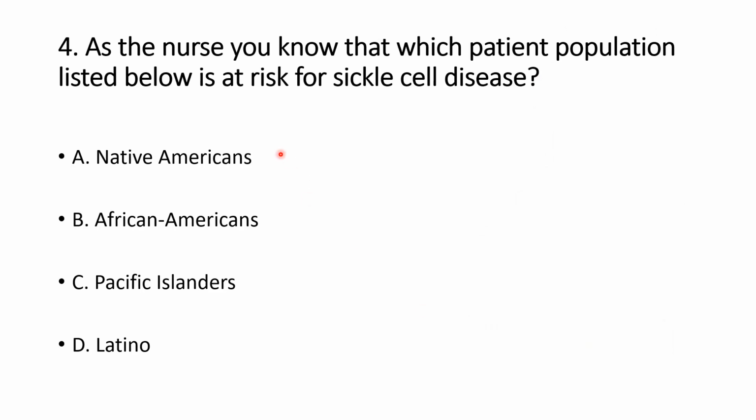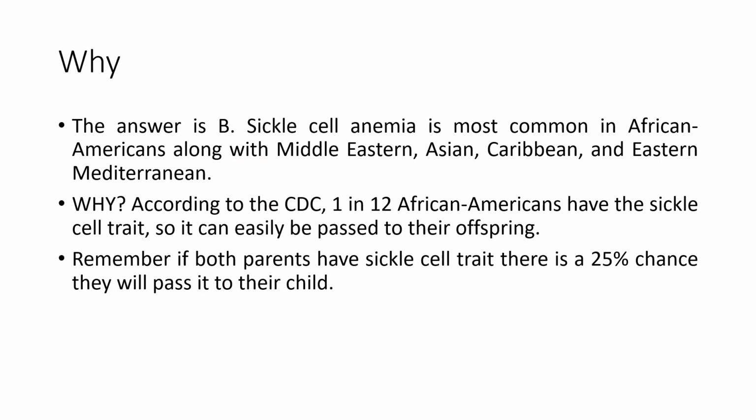Coming to the next question. As the nurse, you know that the patient population listed below is at risk of sickle cell anemia: Native American, African American, Pacific Islanders, and Latino. The answer is B, that is African American. That is one population in which sickle cell anemia is common. The other populations are Middle Eastern, Asian, Caribbean, and Eastern Mediterranean.